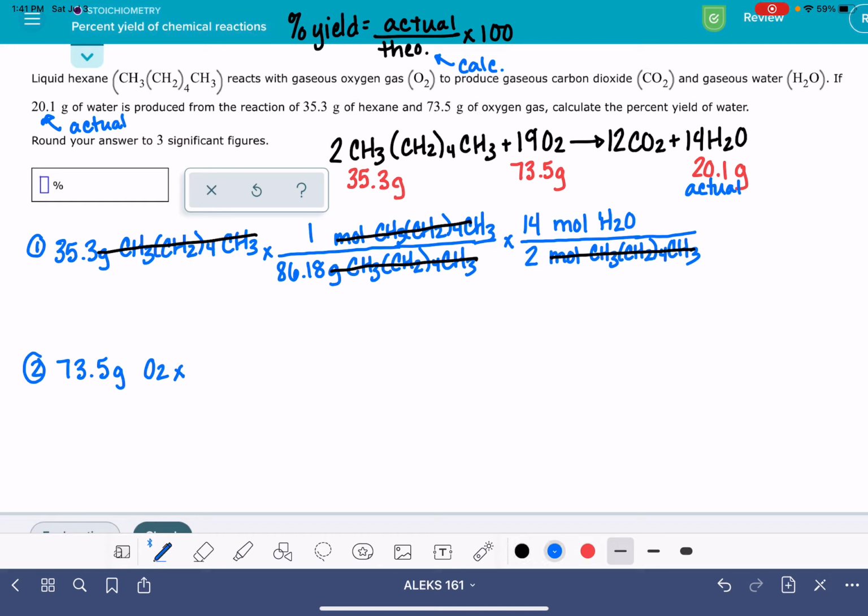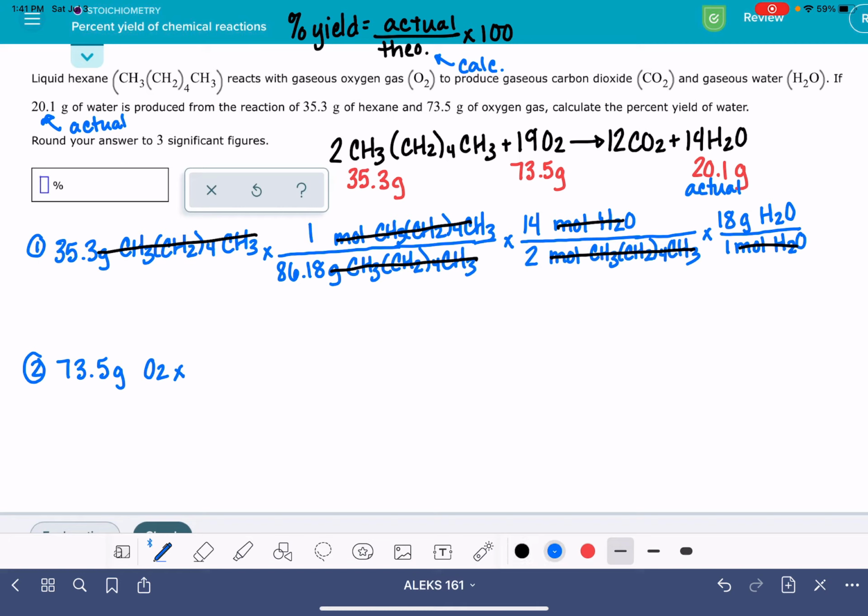And then the last thing that we need to do is convert from moles of H2O into grams of H2O using the molecular weight, 18 grams per mole, 1 + 1 + 16 for H2O.